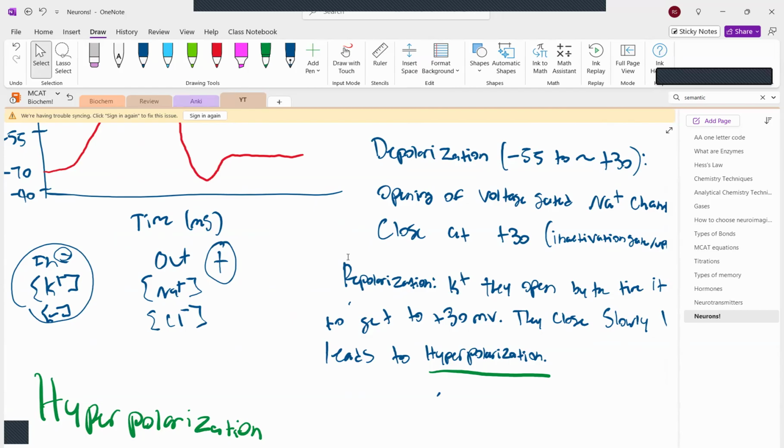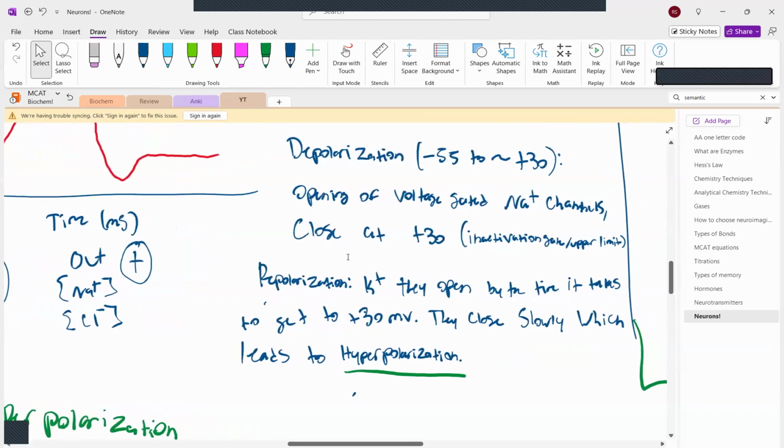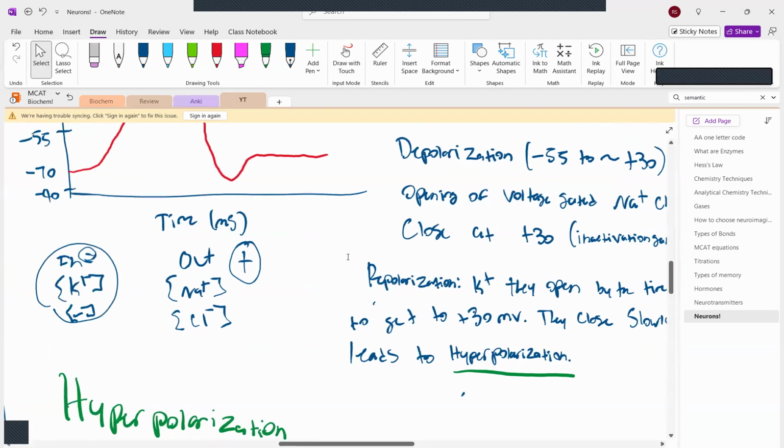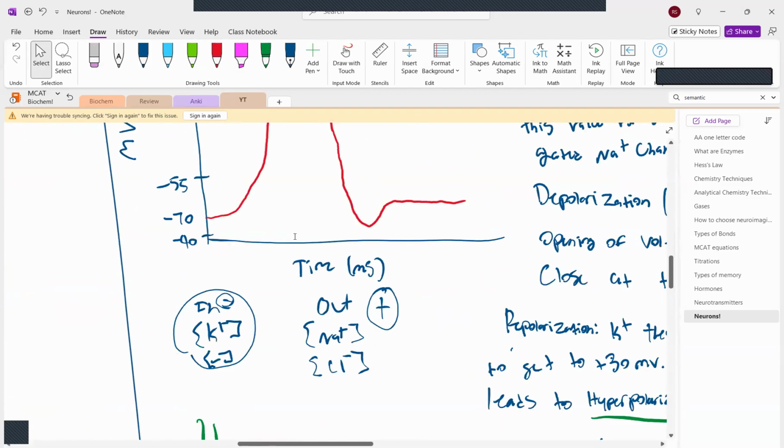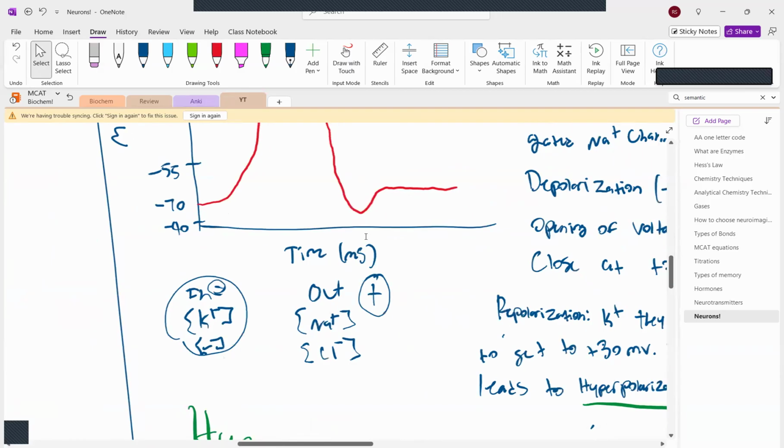So when you have a lot of positively charged ions in this very close space, it further drives potassium to get out, because now the inside of the cell is more positively charged than outside. One more thing about potassium gated channels is that they close super slowly, which is what leads to hyperpolarization, typically that -90 millivolts.